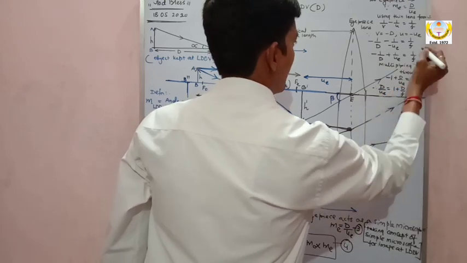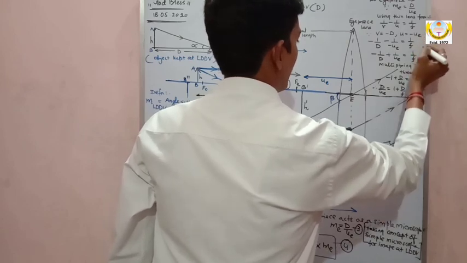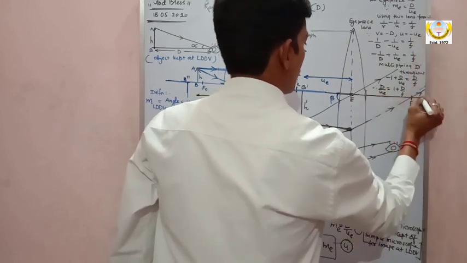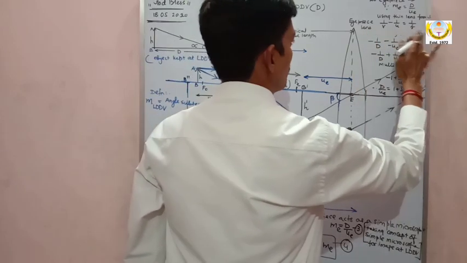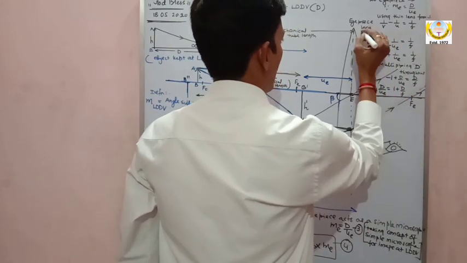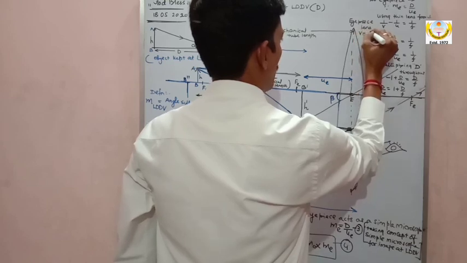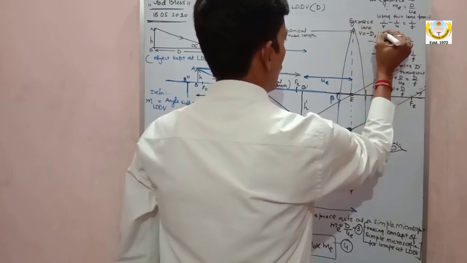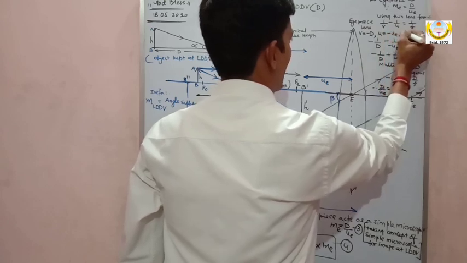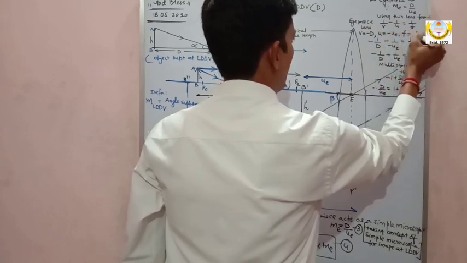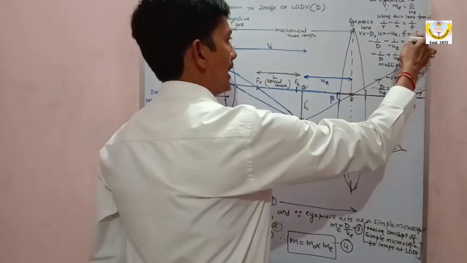And here, remember, for this F, I have taken V as minus D, no doubt, and U is equal to minus UE, that is right. And the focal length F is equal to FE, the focal length of the eyepiece.